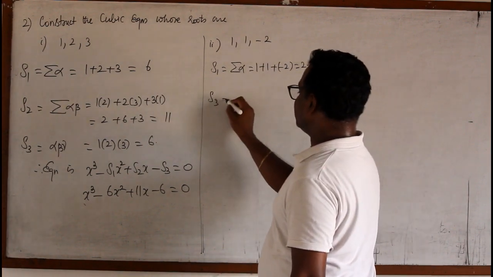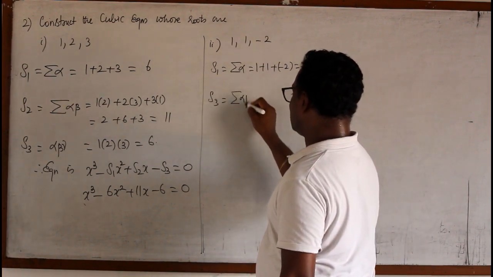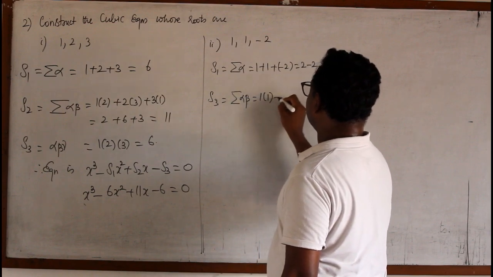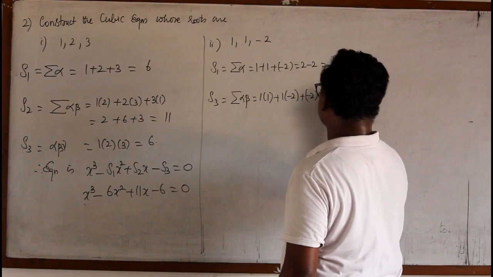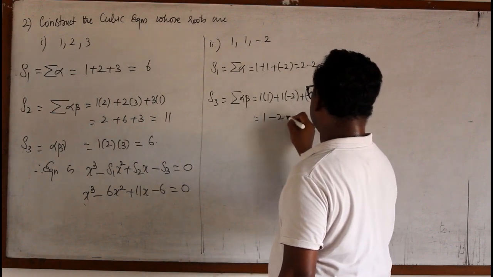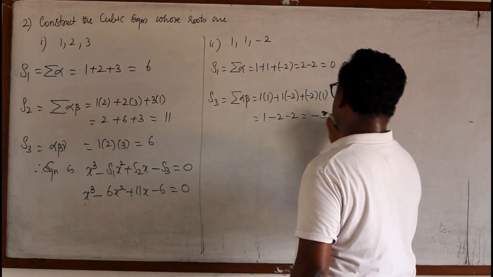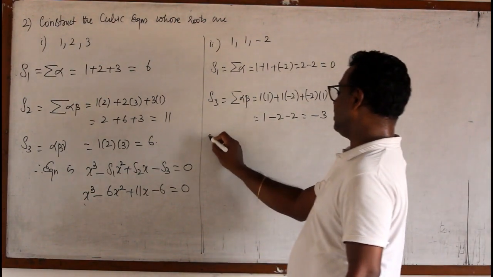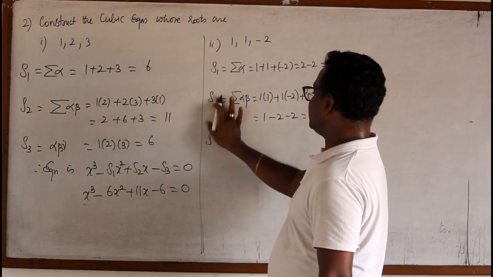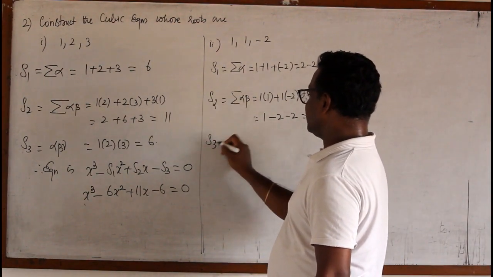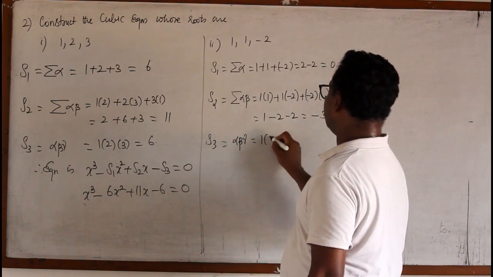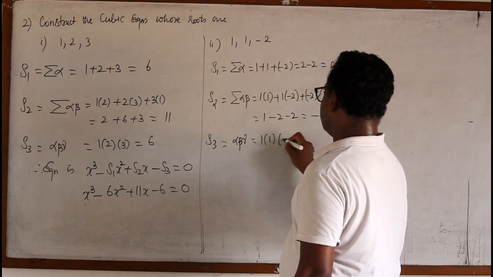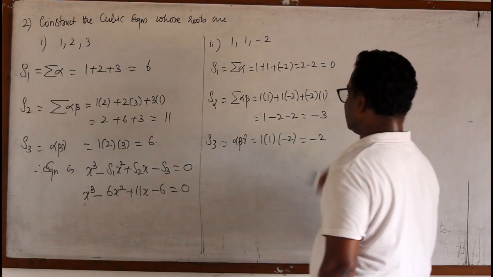Then S2 is the sum of the products of 2 elements: 1 into 1, 1 into minus 2, minus 2 into 1. It is 1 minus 2 minus 2, it is minus 3. Then S3 is the product of 3 roots, alpha, beta, gamma: 1 into 1 into minus 2. The answer is minus 2.